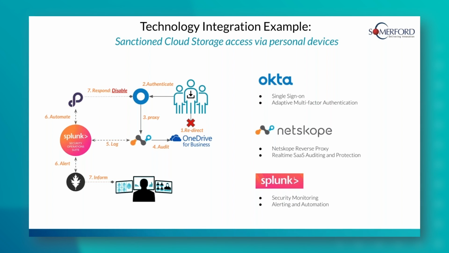Or from an Okta perspective, we can disable their access to just one particular service. So we may just block them from accessing OneDrive for Business, but enable them to continue their productivity on other services, or we may well block them from all. Again, we have the flexibility and options to be able to do that from our SOAR platform perspective.